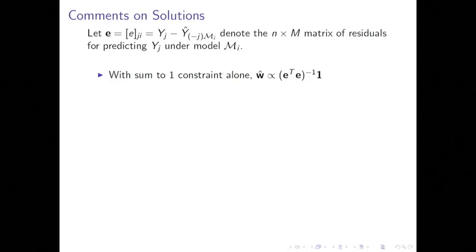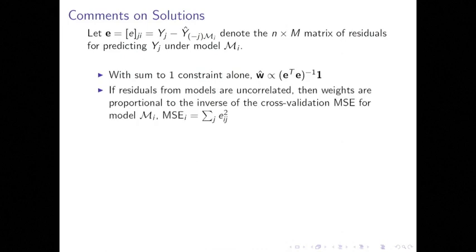And so one can think about this, if residuals were all uncorrelated, basically the diagonal of that E transpose E would be the mean squared errors for predicting using that model. Okay, so the weights would be inversely related to that cross-validation mean squared error.